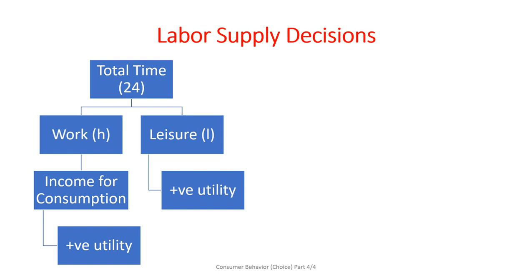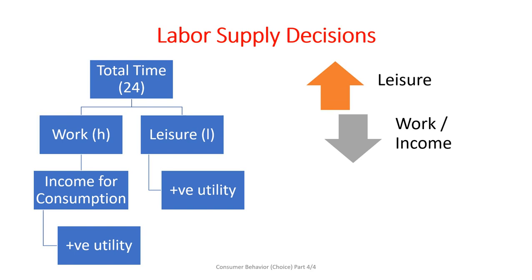However, there is a trade-off. The more hours you work, the more income you get, the more consumption you will be able to do, and you will get positive utility for your consumption. But that means less leisure.